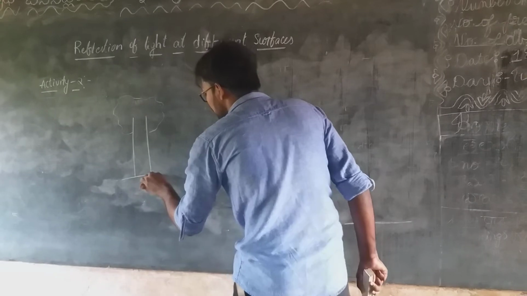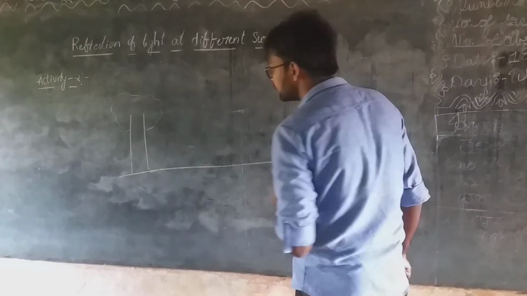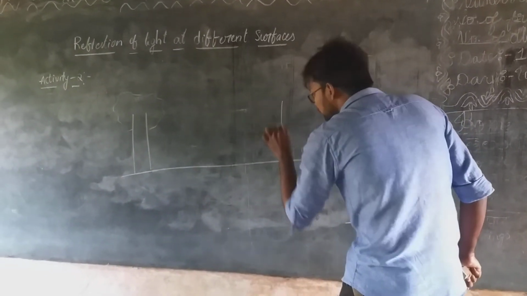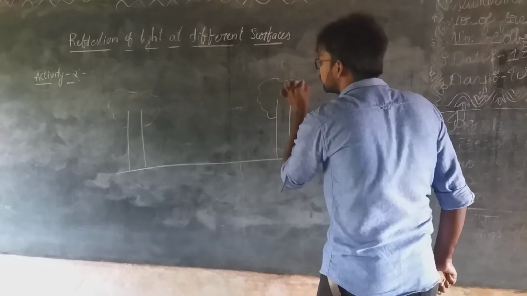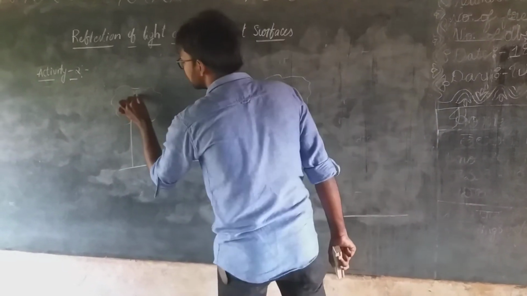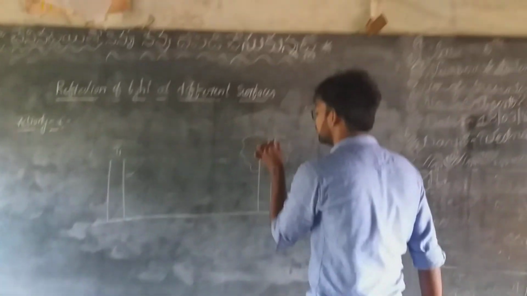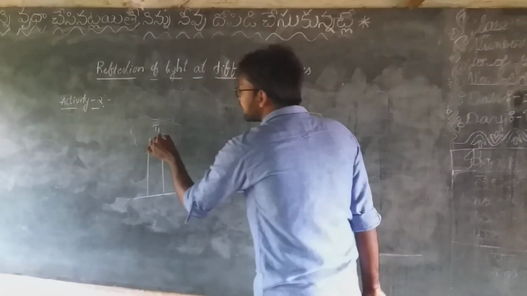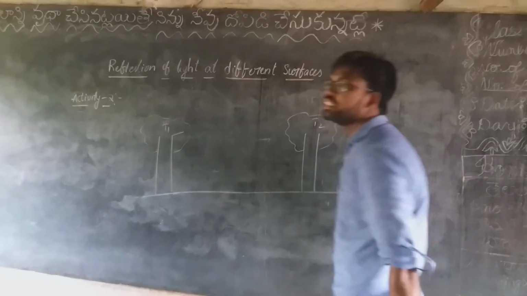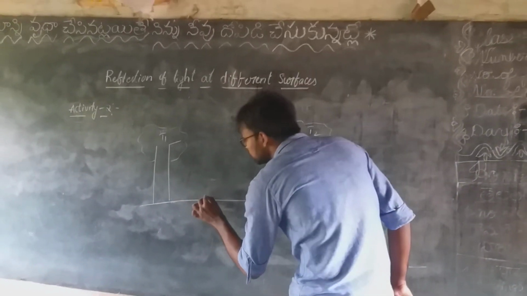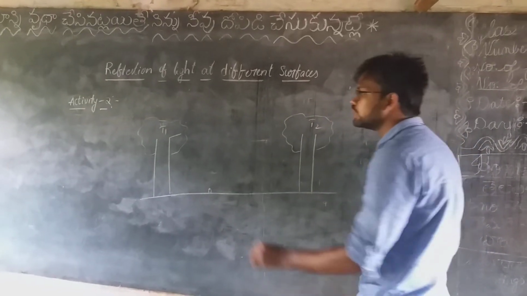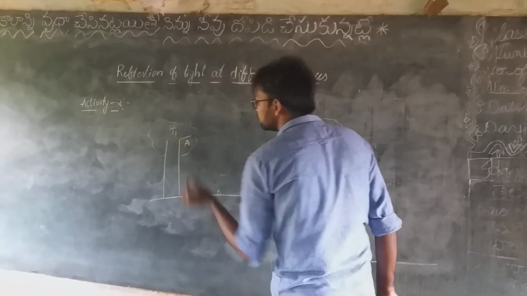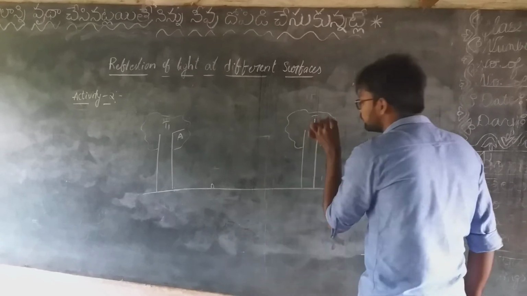This is a completely plain surface, and this is tree 2, the second tree. That is tree 1, which means T1. This is tree 2. A crow is observing a food grain from here. This is taken as A, and this is B.